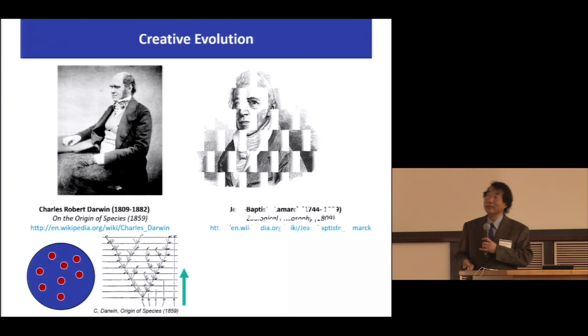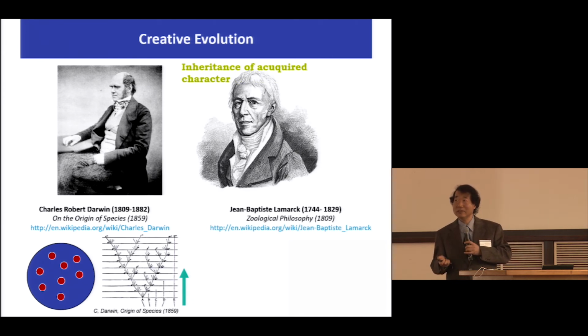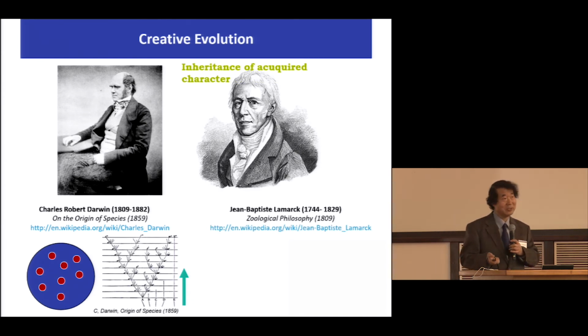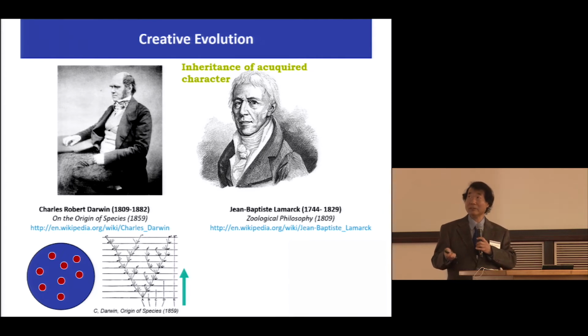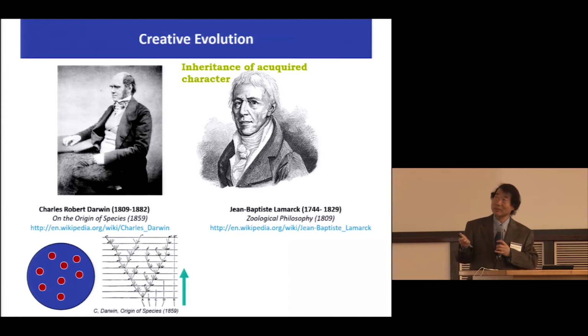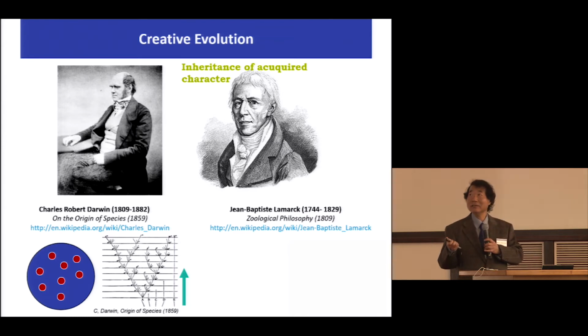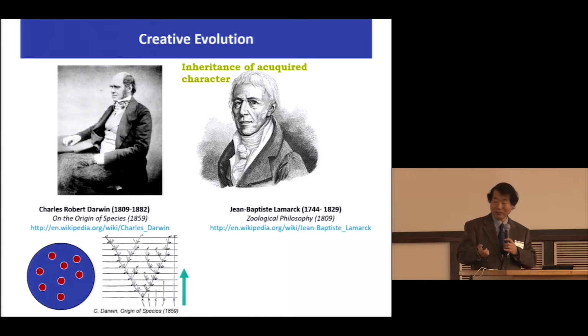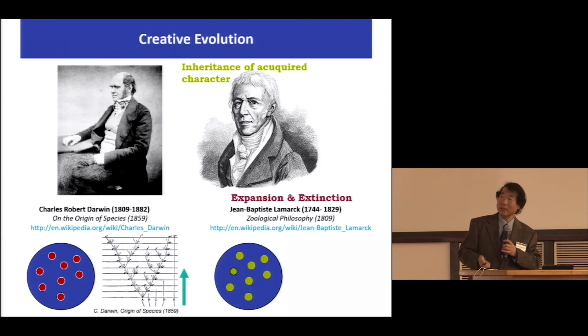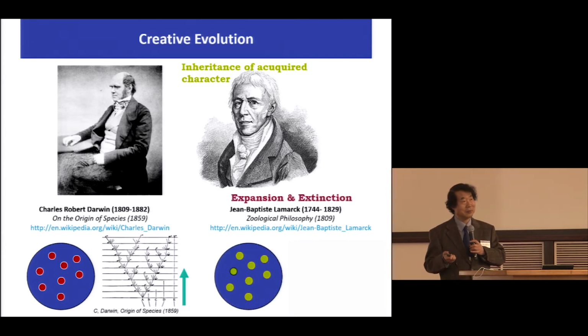There is another evolutionist named Lamarck. He believed in the existence of inheritance of acquired characters. Interestingly and surprisingly, this inheritance of acquired characters is now convincing, at least at the level of unicellular organisms.